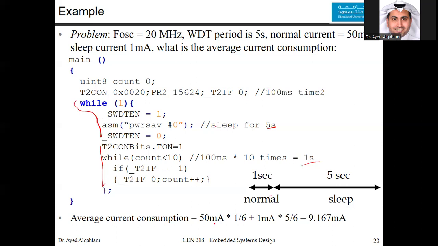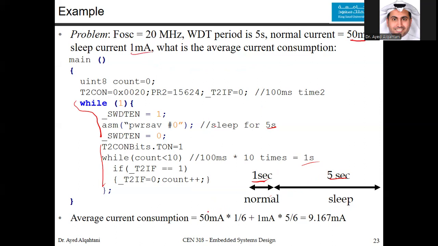Now the average current consumption. You also need to distinguish, and you might get confused if you have so many numbers in a problem. These are the seconds, this is the time. And the numbers that were given to you here are the currents, which are 50 milliampere and 1 milliampere.